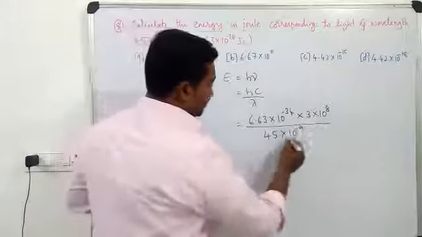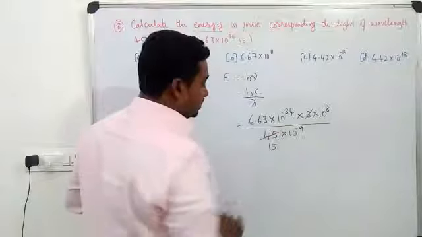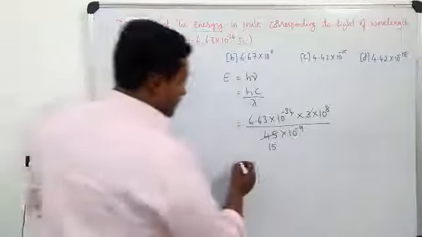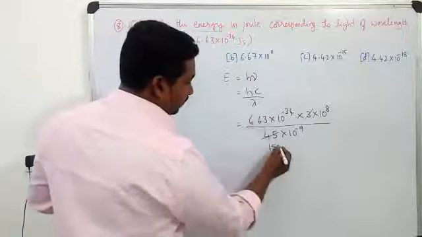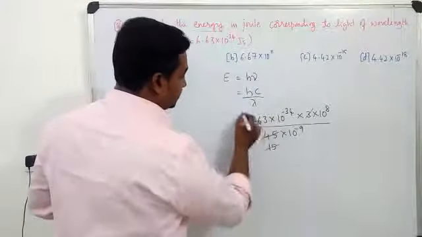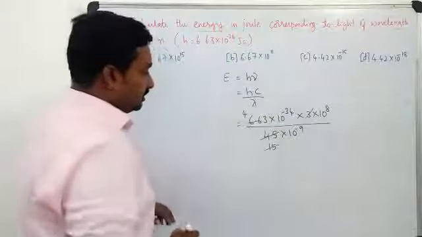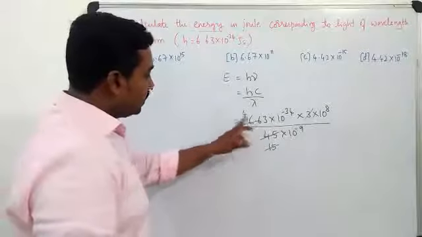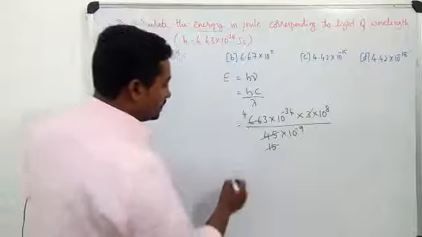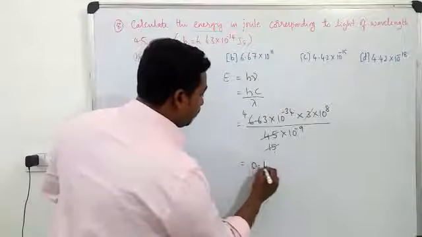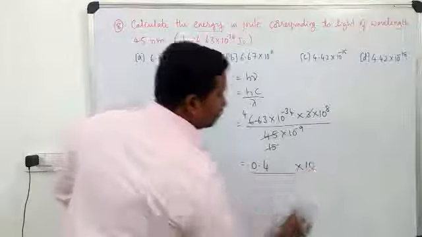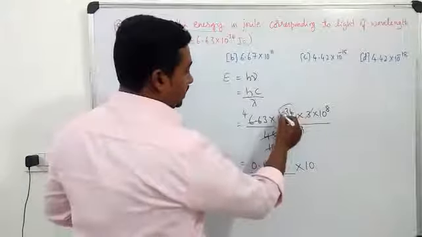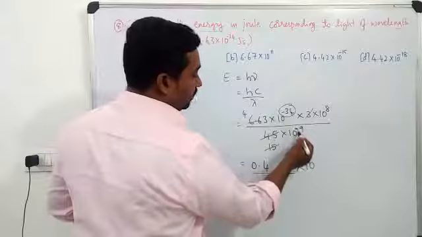It is simple. 6.63 times 3 is about 19.9, divided by 45 gives 0.4 something. So 0.4 something into 10 to the power minus 34, and in the denominator minus 9.